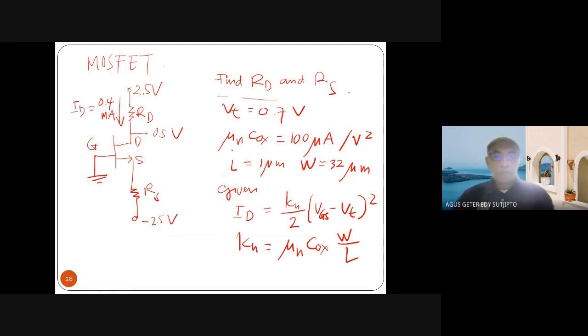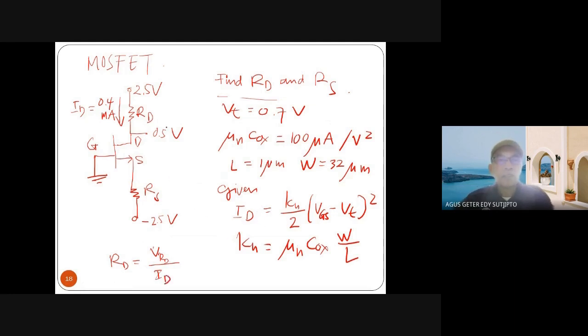So in this case, the RD can be determined from the drop voltage in RD and the current flowing in this resistance, 0.4 milliampere. This is ID, ID equal 0.4 milliampere.